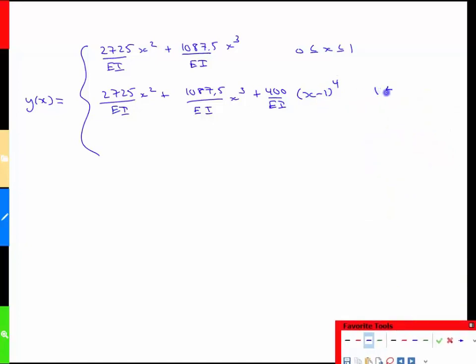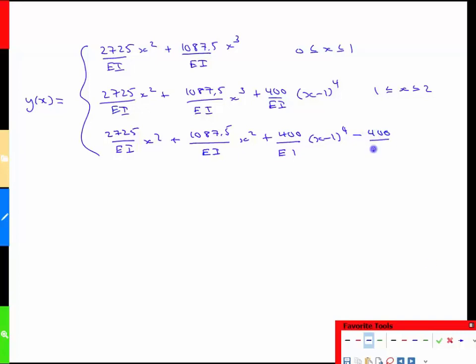This is on the interval 1 to 2 for x, and last but not least, we have all the same terms again, plus the one that applied on this interval, and then we had a last term which was negative 400 over EI, x minus 2 to the power 4, and that applied on the final stretch of the beam between x equals 2 and x equals 4.